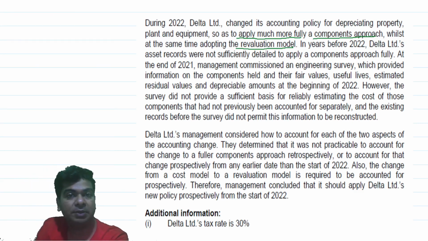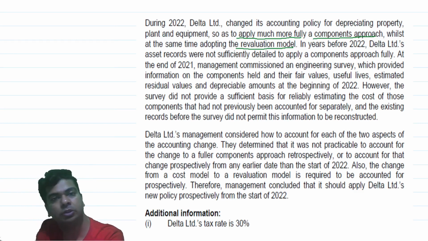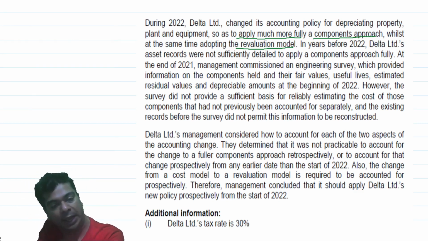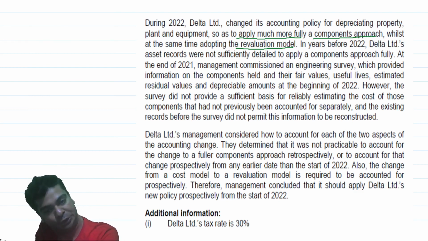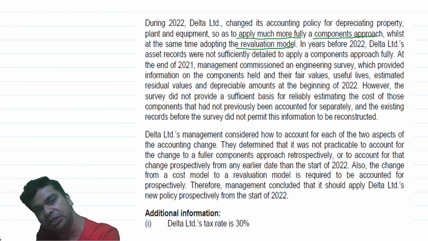Your items of PPE should be broken down into its major components, and each of those components should be depreciated separately. That is what the company wants to do. And in addition to that, the company also wants to move to the revaluation model. Remember, moving from cost model to revaluation model will be considered to be a change in accounting policy.